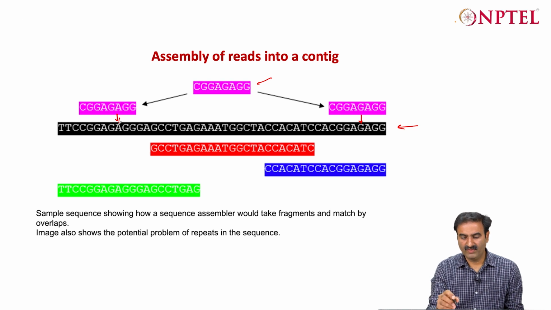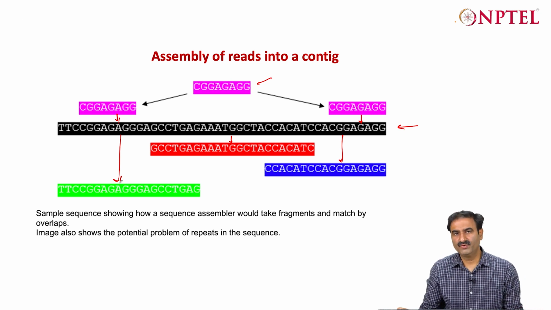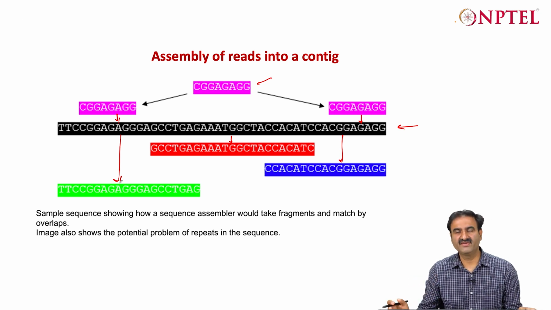So one read was generated from this part, one from this part and one from this part randomly. You cannot ensure that this read will be generated, but there are chances that these reads are generated because of random fragmentation and sequencing.